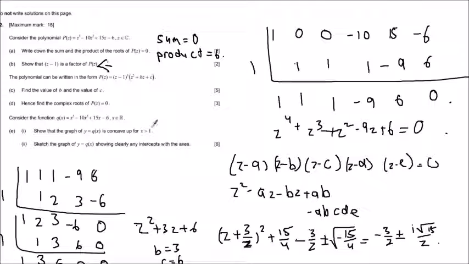So for x higher than 1, you're going to first have to prove that it's positive for 1, and positive for every number higher than 1. So let's do that.